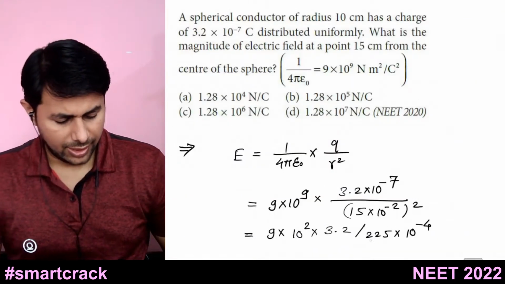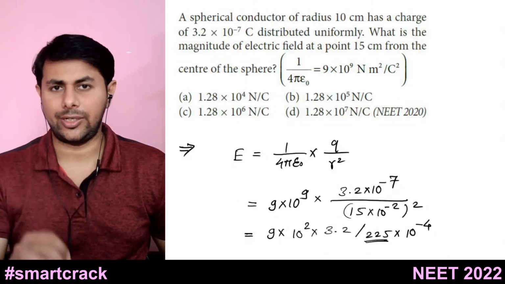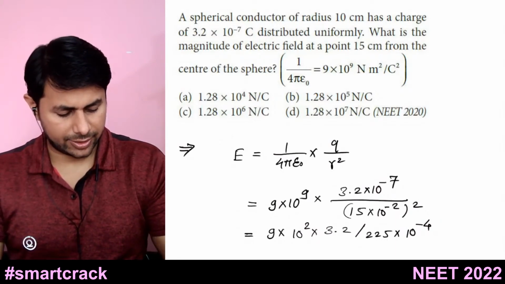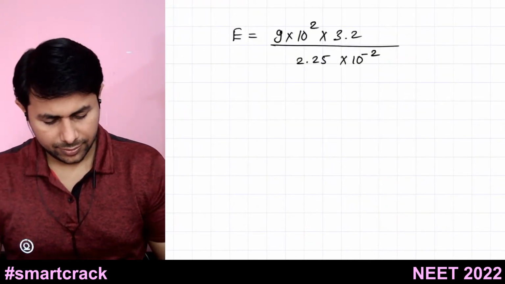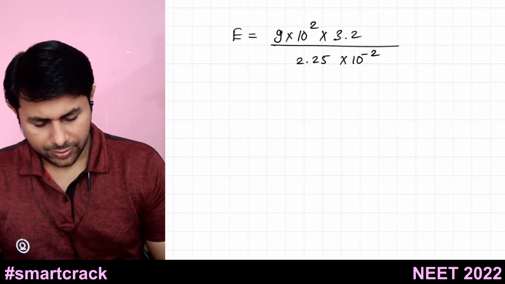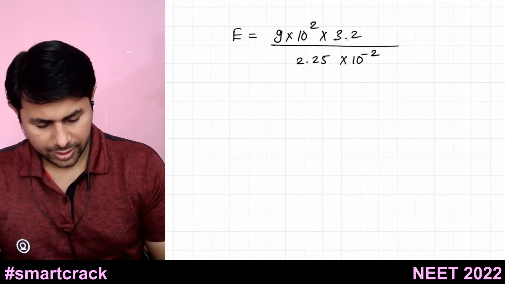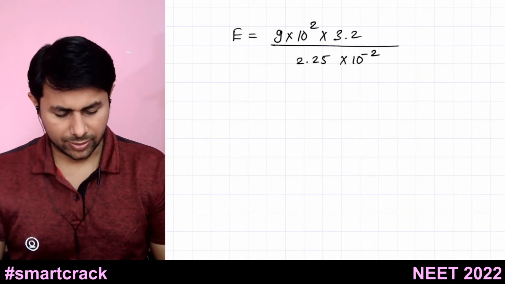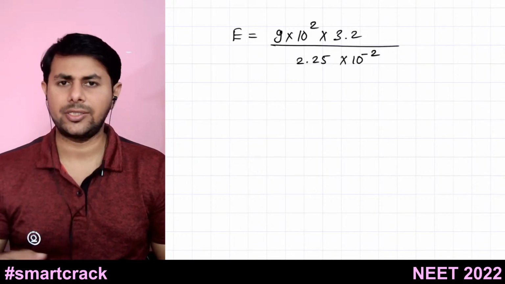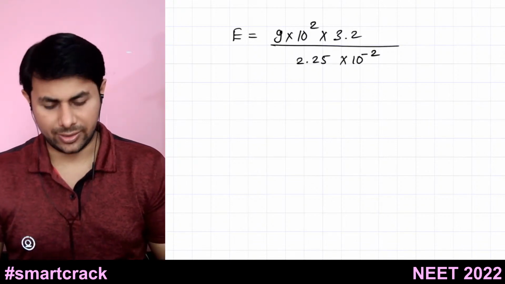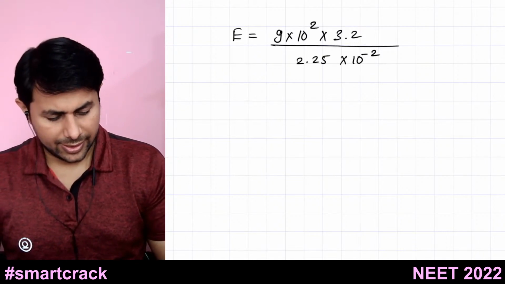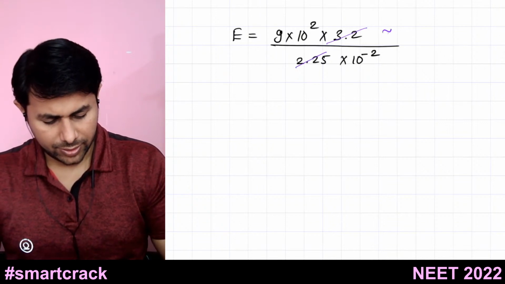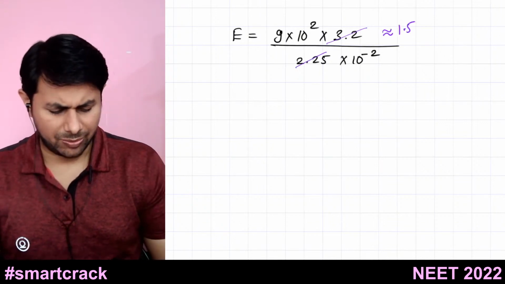Then 3.2 divided by 2.25 will give me 1 point something, nearly 3 by 2, so 1.5 or something, close to 1.45.